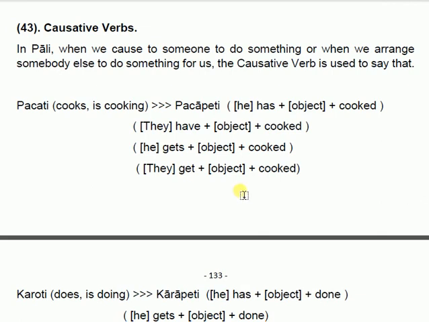In Pali, when we cause someone to do something, or when we arrange for somebody else to do something for us, then the causative verb is used to say that.